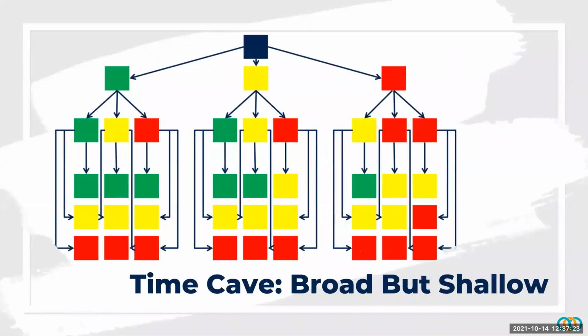So this is what people often start with for branching structure, right? This one's called a time cave. If I take my pen here, and we start at the starting point at the top, I make one choice, green is good, yellow is okay, red is bad.